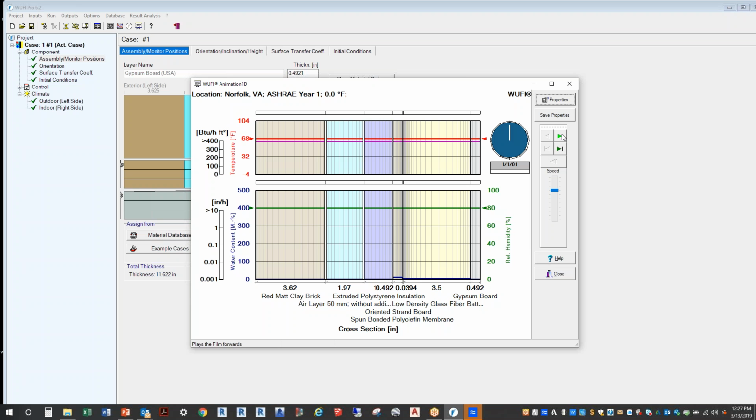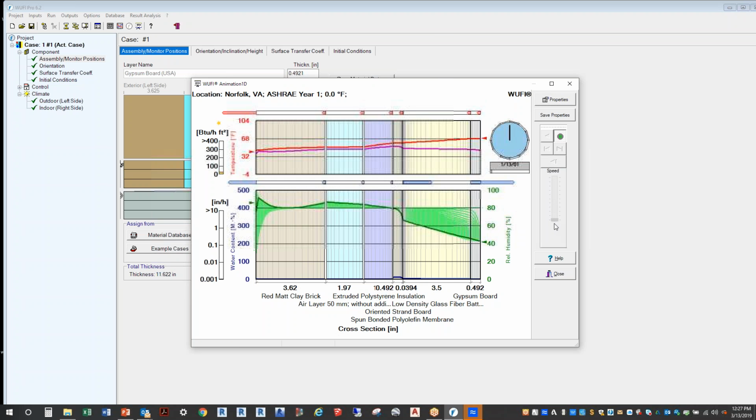So what we're going to do is hit the play button. And you can see the clock moving, January 3rd, 4th, 5th, 6th. So it's doing like a day every three-quarters of a second or so. I'm going to slow this down a little bit so that we can get a better idea.